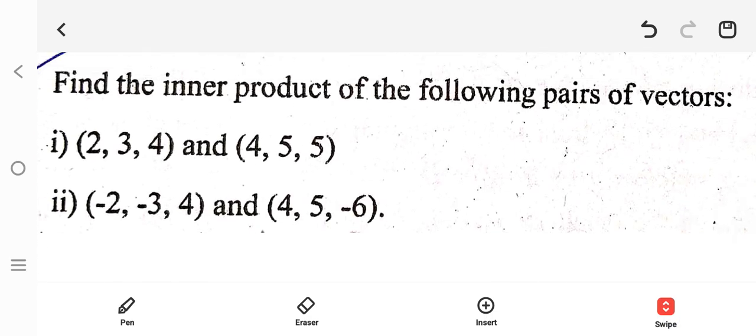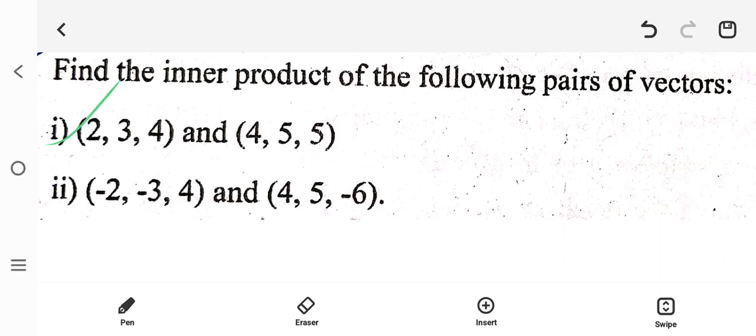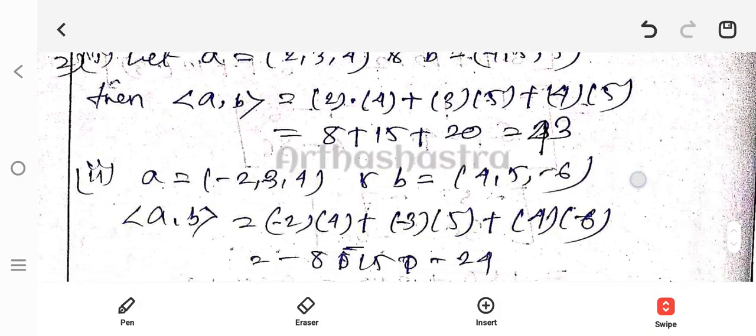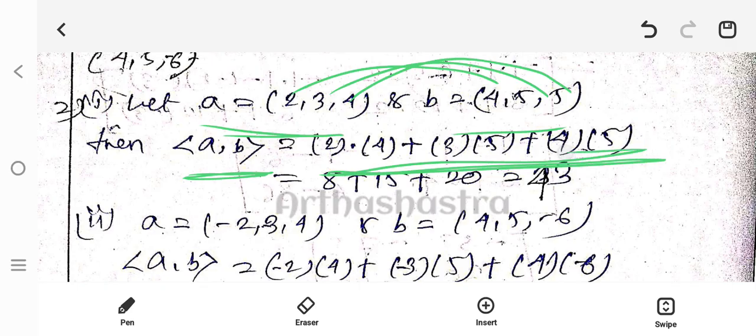Our next question is to find the inner product of the following vectors. Here we have two vectors. For the first, let the vectors be a and b. The inner product will be just multiplying the corresponding elements: 2 with 4 plus 3 with 5 plus 4 with 5, so we have 43.